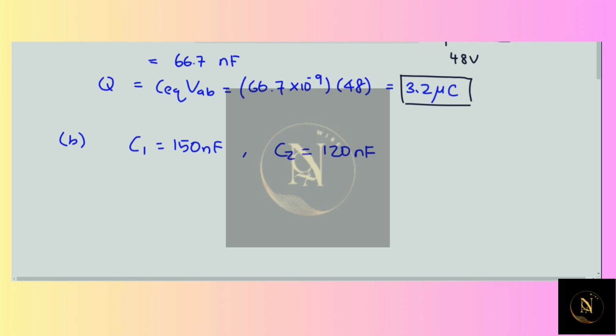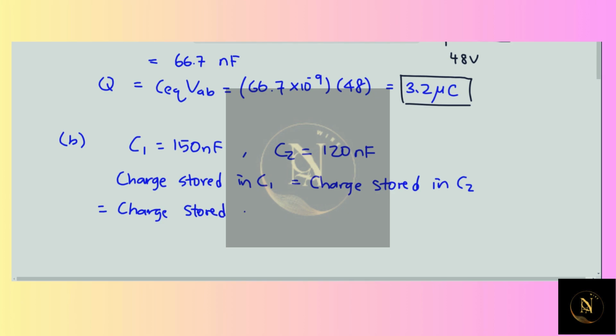Since the two capacitors are in series, the charge stored in C1 is equal to the charge stored in C2, and they are also equal to the charge stored in the system, which is 3.2 microcoulomb.